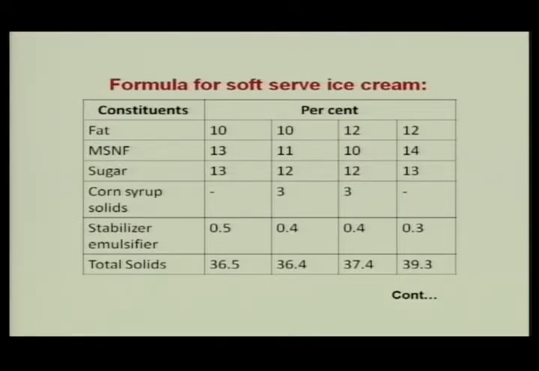Similarly, the SNF could be 13 or 14%. The sugar could be 13 and 12. Corn syrup solids are around 3% in the two varieties, replacing part of the sugar, and stabilizers 0.5 and 0.4. These are based on the standardization.